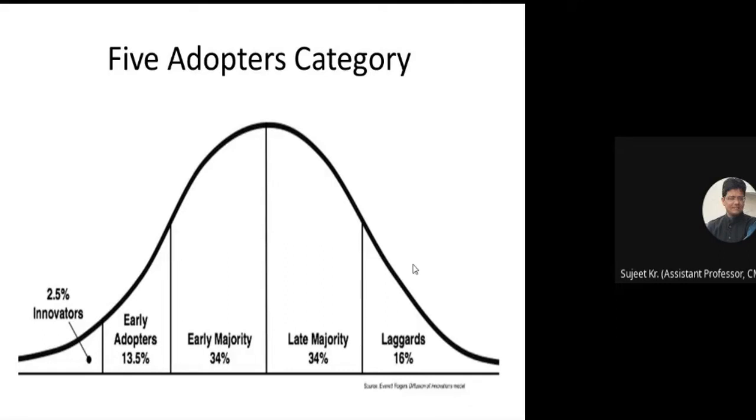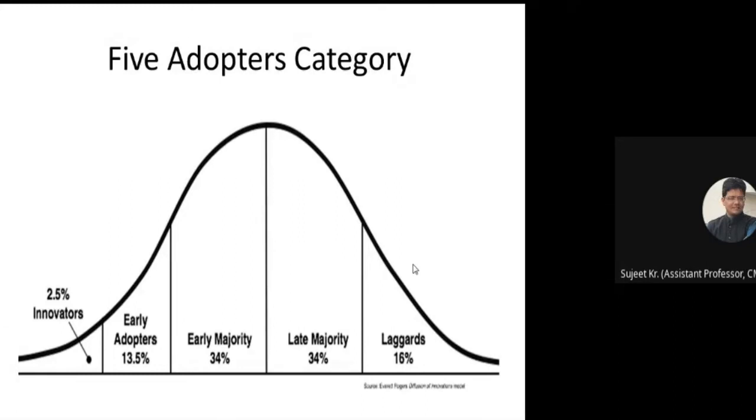For example, see the example of smartphones. When smartphones started coming, there were people, even I witnessed it, who used to criticize them. They used to say that the small 2G phone is good. Even if you go to old people, they still believe that the old 2G phone is good, and the 3G and 4G phones are the best.